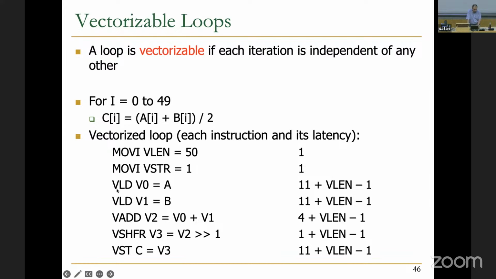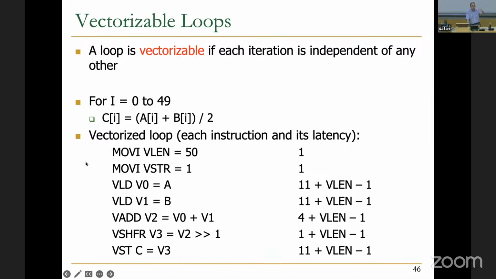And then we have these vector load instructions that load array A to vector register 0, and then vector B to vector register 1. Then you do this vector addition, and then you do a vector shift by 1, which is division by 2, and then you store it.